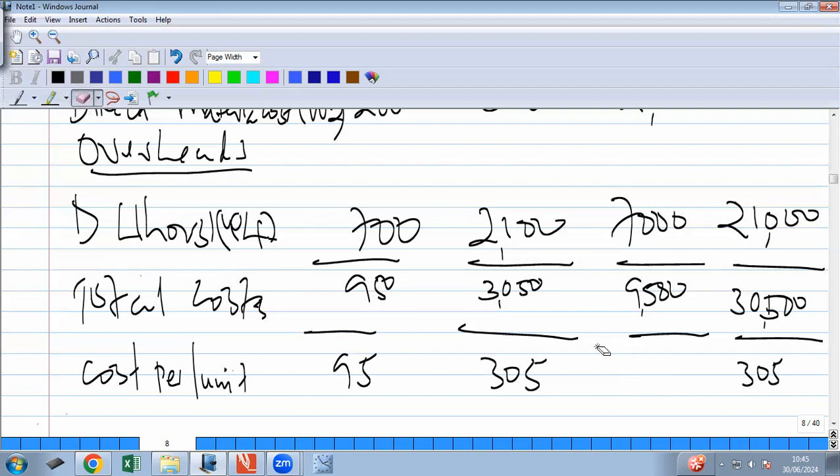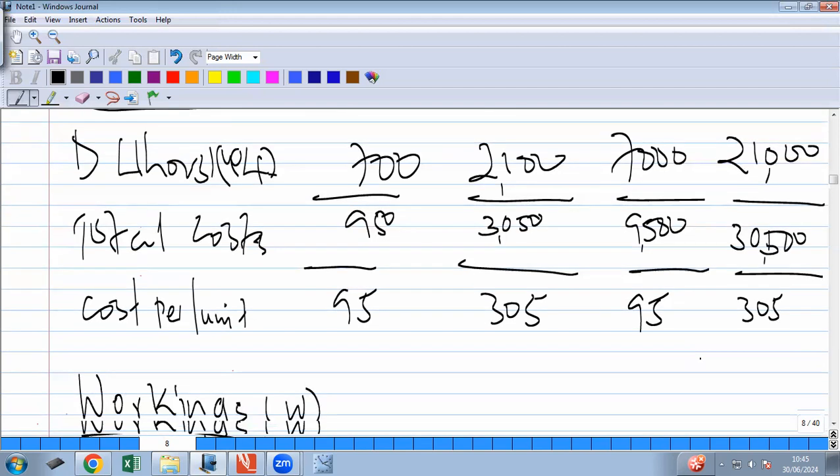This one here is 90, 95. Okay, so guys, this is the traditional or absorption costing method.